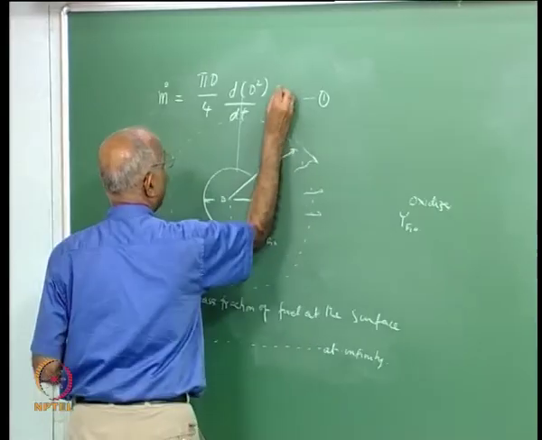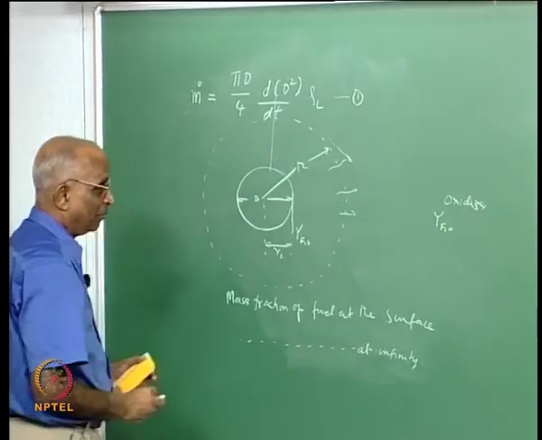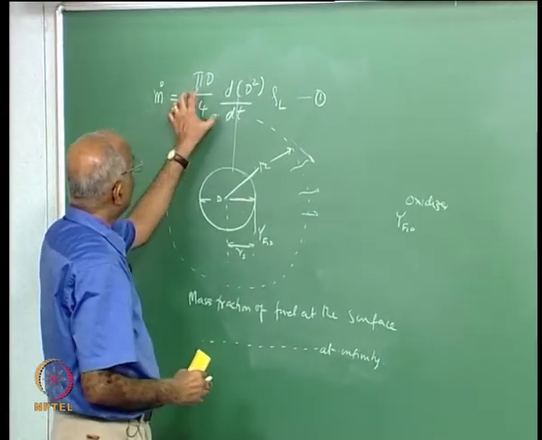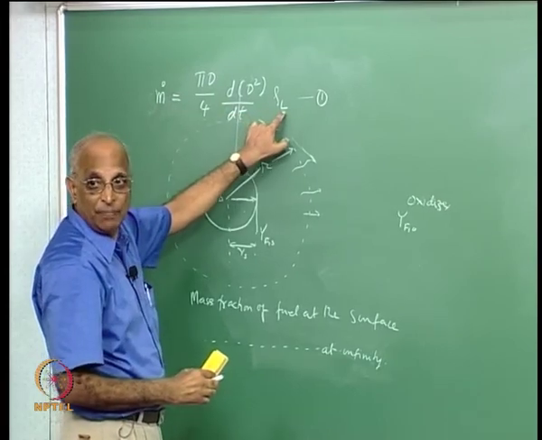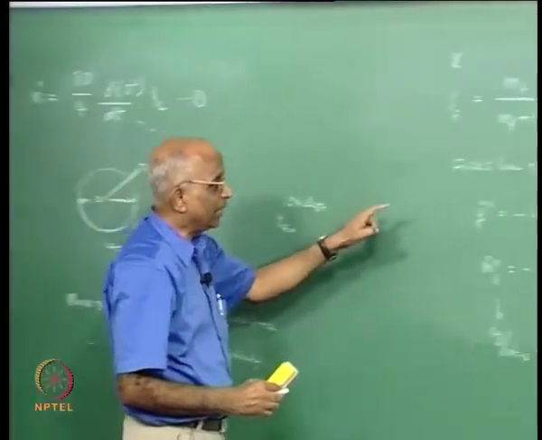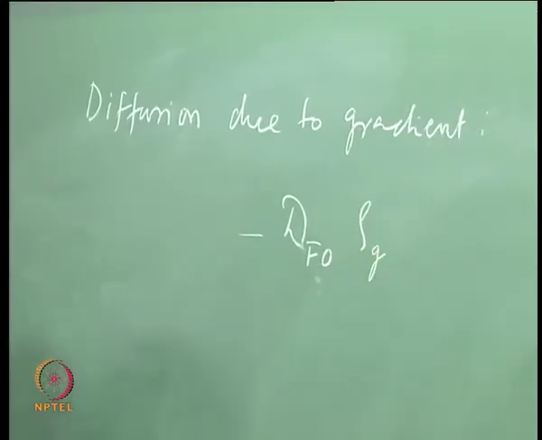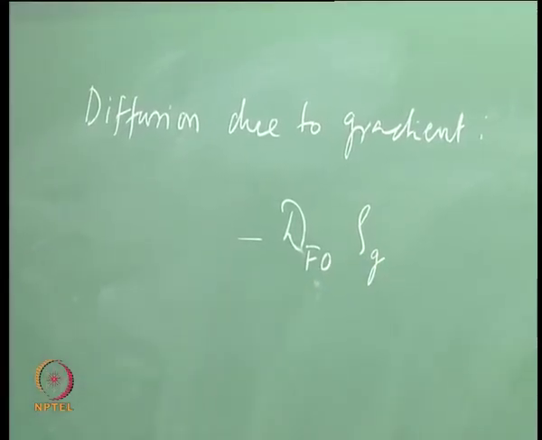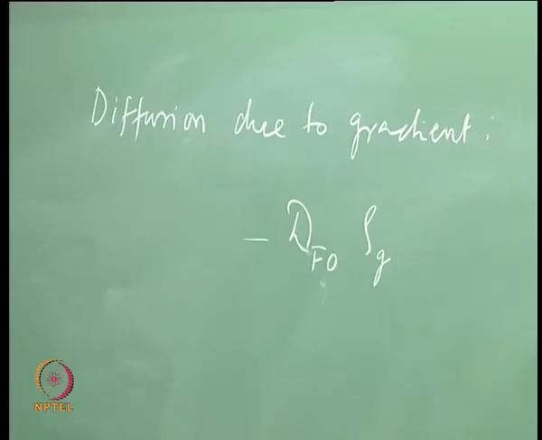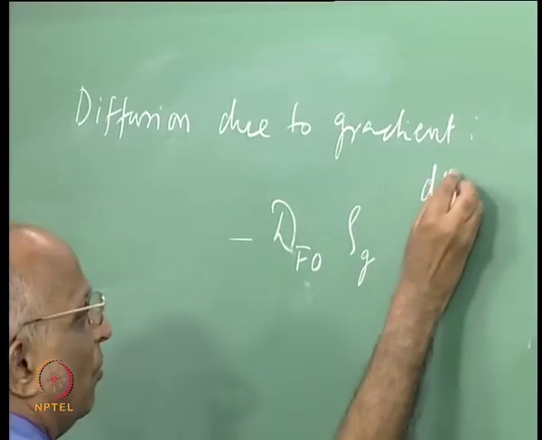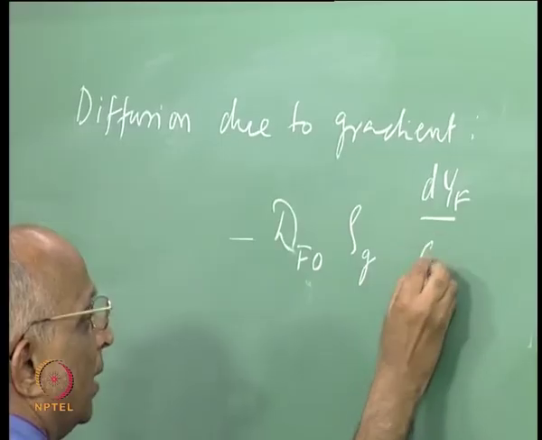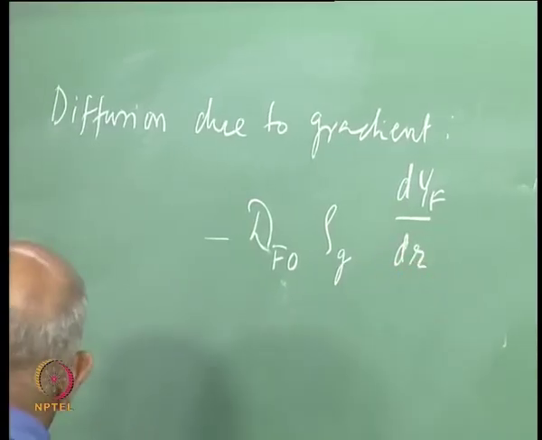You all did not remind me, rho L was missing because we had m dot equal to pi d cubed into rho L, whereas here it is the density of the gas which I am considering. Let us put density of the medium gas over here, and what I had, rho g into the value of dYf by dr, because our coordinate is r.